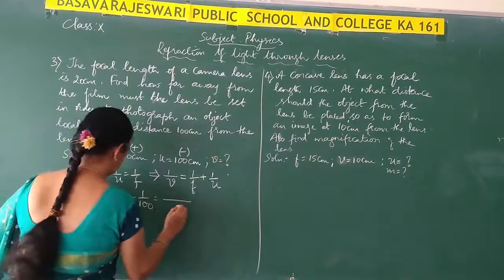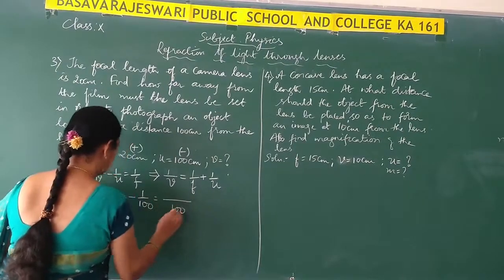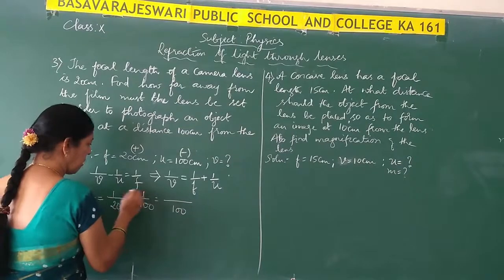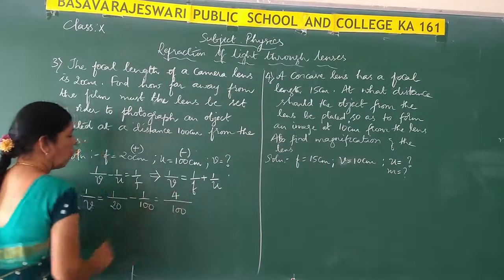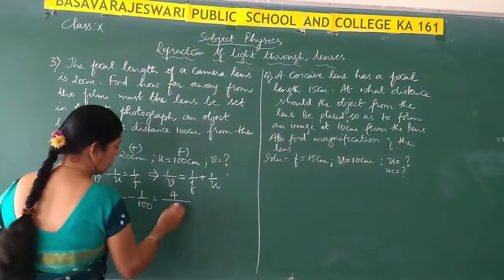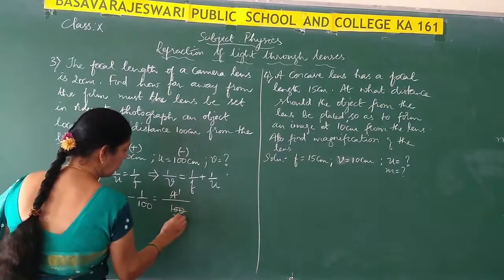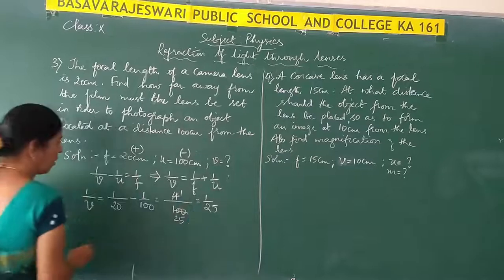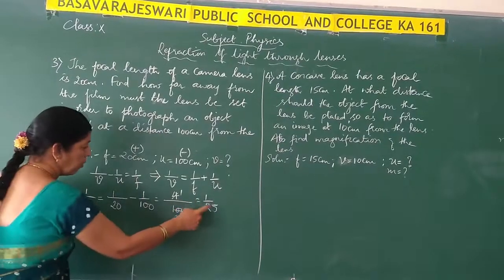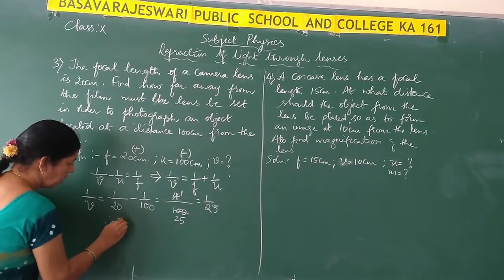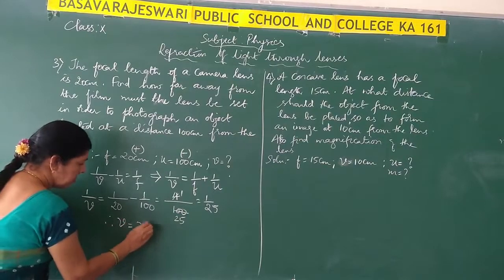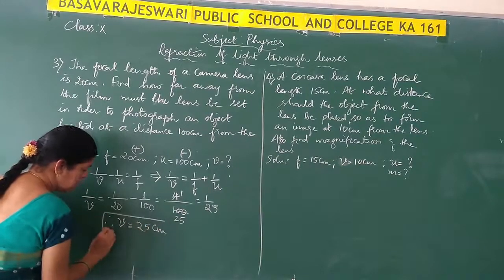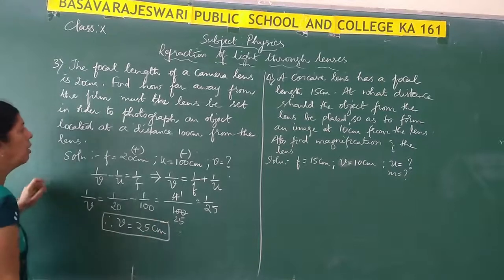What will we get? 5 minus 1 will be equal to 4, so 4 over 100 is equal to 1 by 25. So 1 by v will be equal to 1 by 25. Therefore, v will be equal to 25 centimeter, and we will take this with the positive sign.